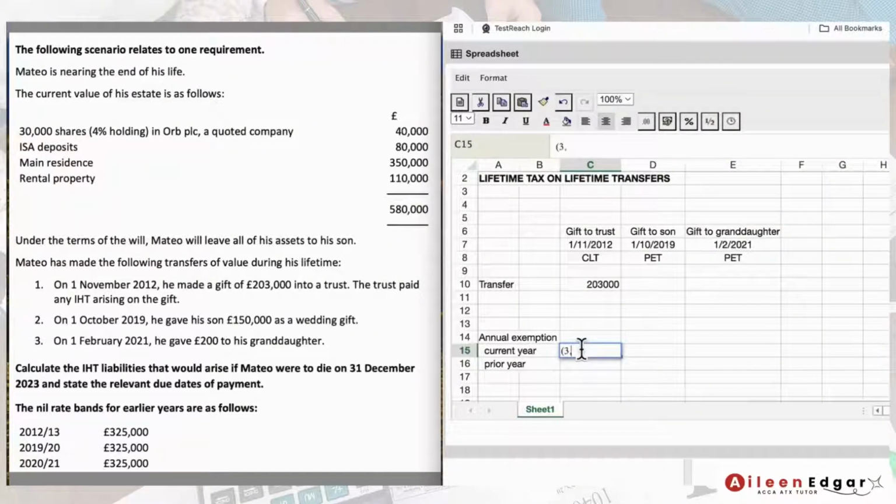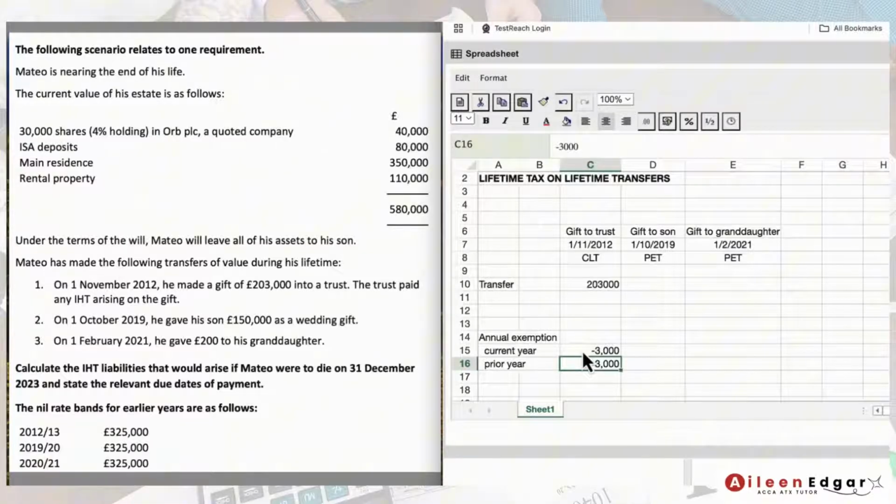And because there's no transfer that's been made in the previous tax year to when this one was made, we can also deduct the prior year's annual exemption, but do current year first and then anything left from the prior year, and it's only the one prior year you can carry forward.